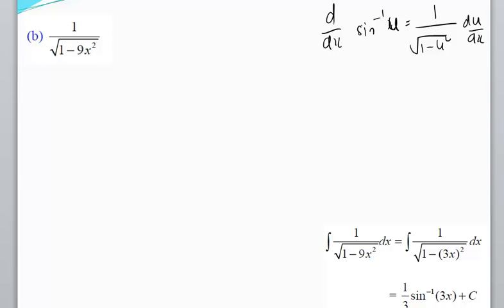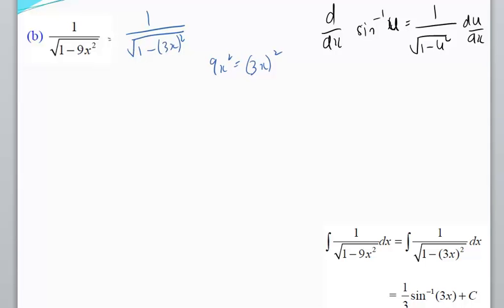We want to make that something altogether squared, and we know the square root of 9 is 3, 3 squared is 9, so it's the same as, in brackets, 3x squared. So that's our first step here, 1 minus 3x all squared. So we're getting into this format here.